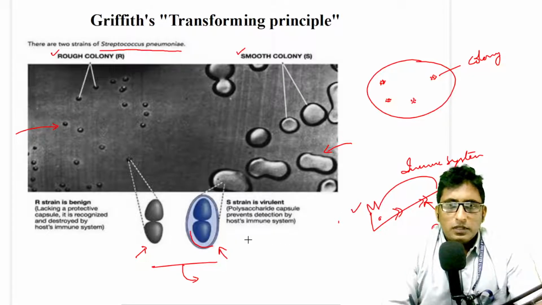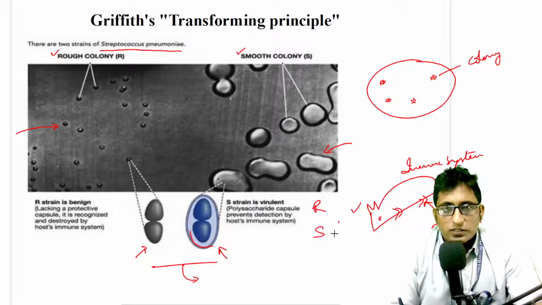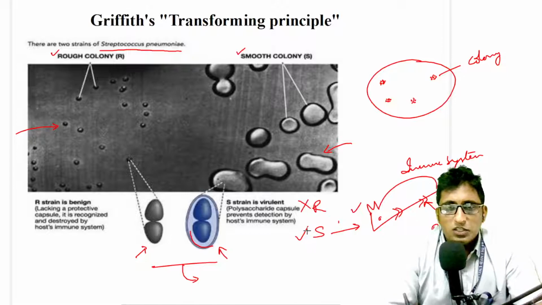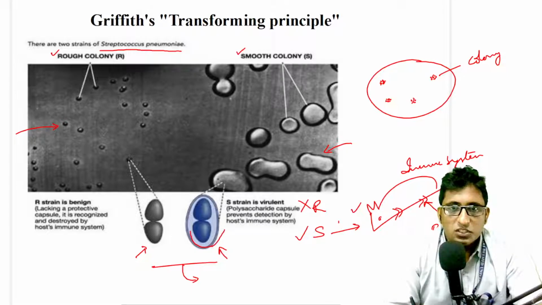But there is a difference in the way R strain and S strain cause disease. The S strain is successful in causing a disease or an infection, whereas the R strain cannot, and that is primarily because of the capsule.